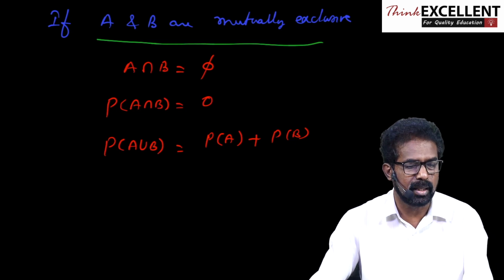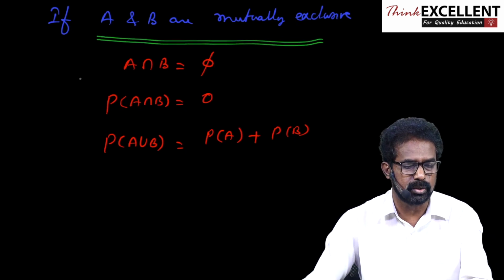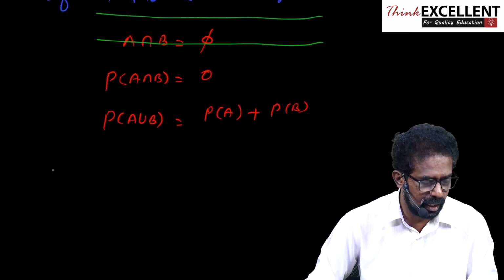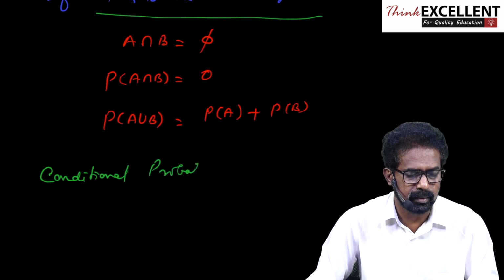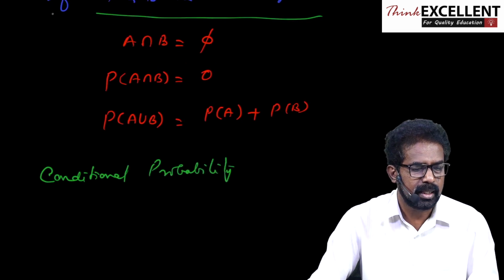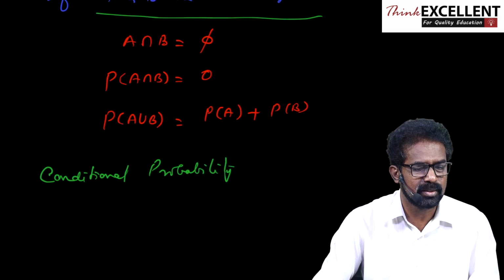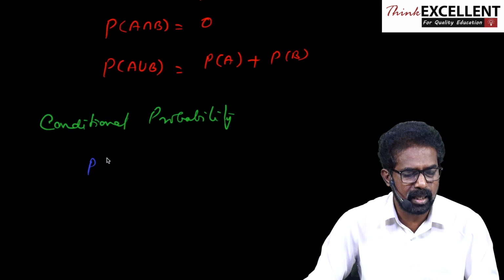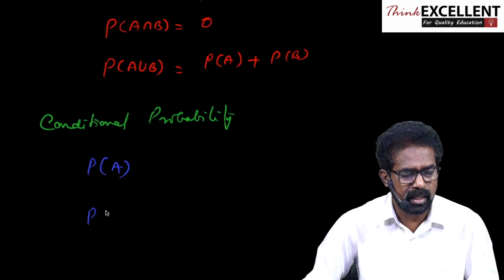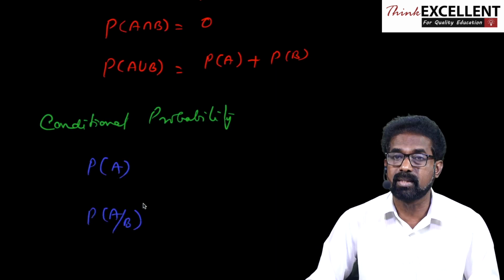Okay, so that's important. And the last one more definition I want to teach you, that is conditional probability. So here some conditions are given, right? So some conditions they are giving, so that is called conditional probability. P of A and P of A given B. Please listen, what's the difference?